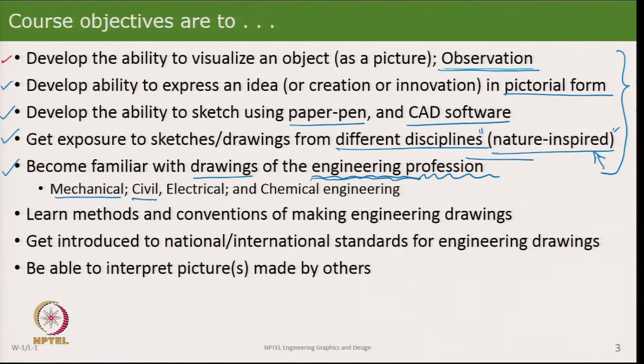We can also express a drawing to make not just an object, but say a building or a road or something like that. That is civil engineering drawing. And then there are electrical drawings, where you expect to show wires, connections, switches, bulbs, circuits like that. And the fourth thing we will briefly look at is also chemical engineering drawings.